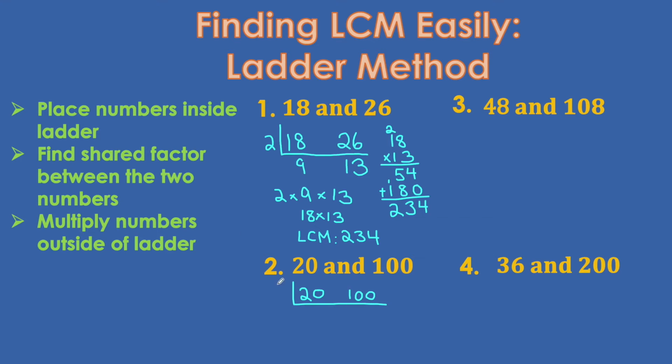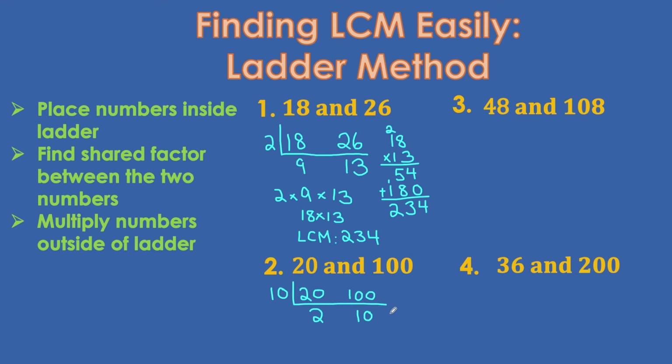Think of a shared factor between the two numbers. It can be 10. Now you divide. 10 goes into 20 2 times. 10 goes into 100 10 times.